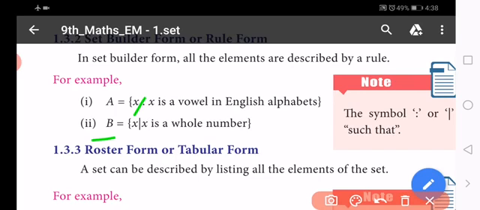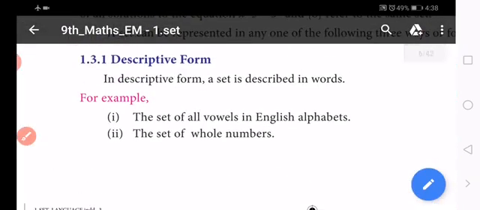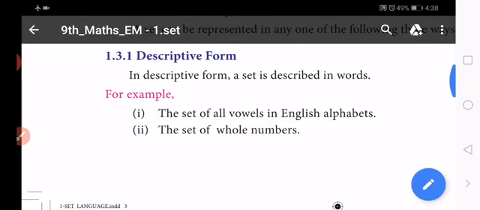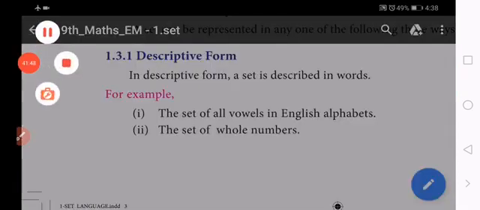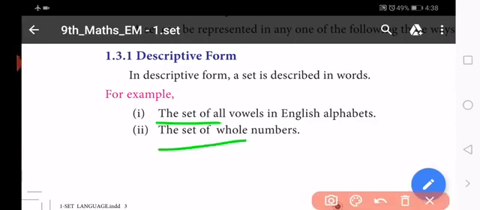Do you understand? Descriptive form means we use only statements, with no symbols or notations, starting with the words "the set of".